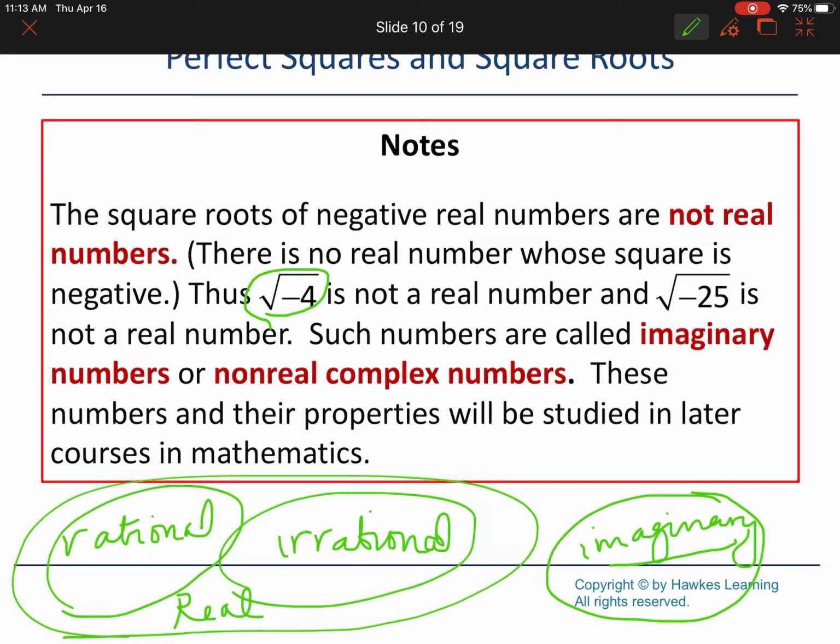So we need something that's not either one, right? And that's where we get our imaginary numbers, and you'll talk about those in a later class. But if there's a negative under the radical, then it's not a real number. So -25, even though the square root of 25 is 5, it's not -5, because if I did -5 times -5, that would be positive 25 too, right? So these don't have an answer in our real numbers. We would just say it's not a real number.